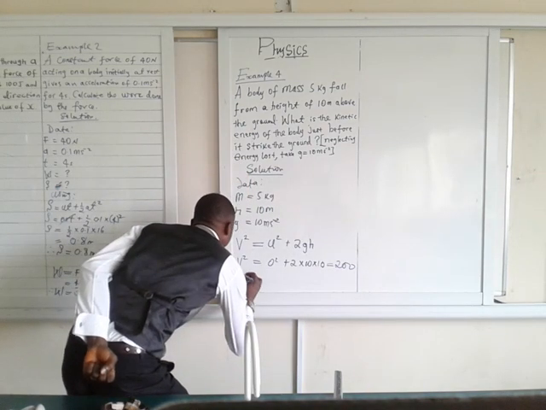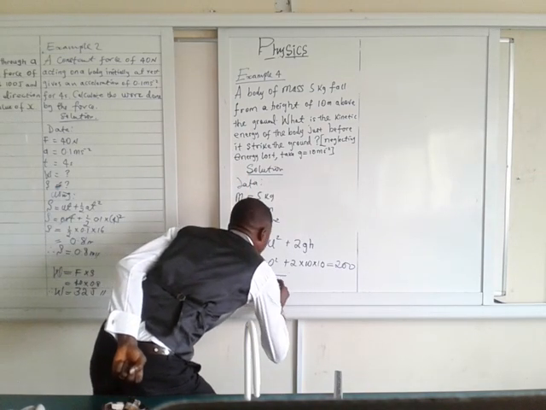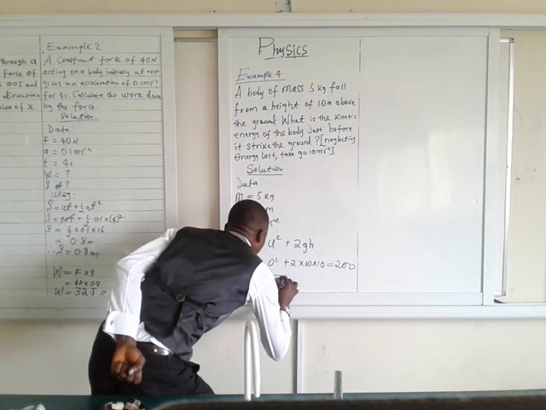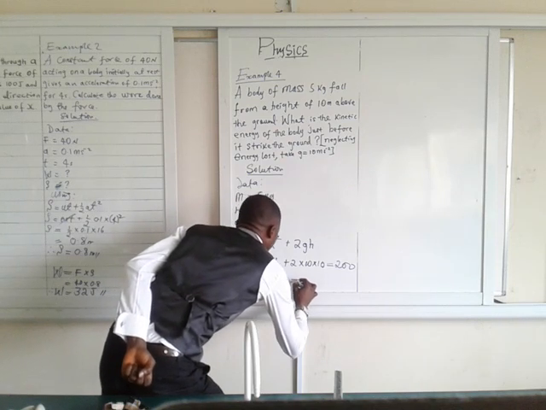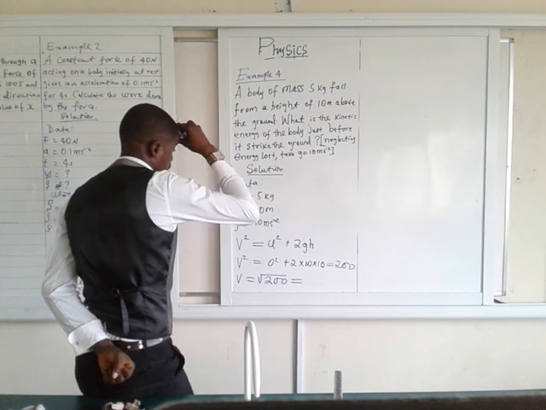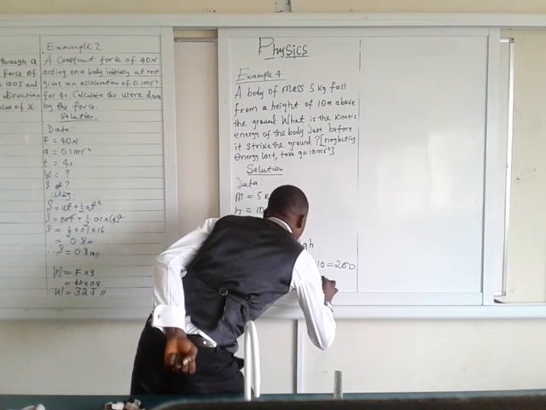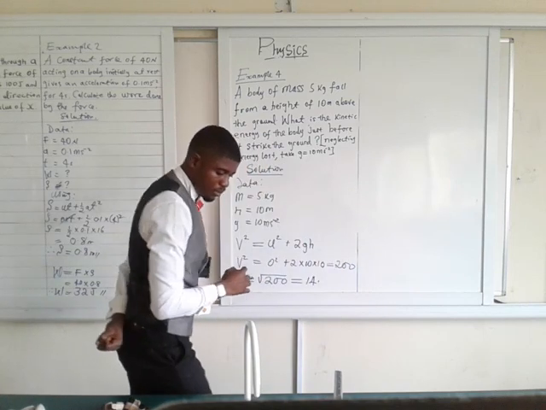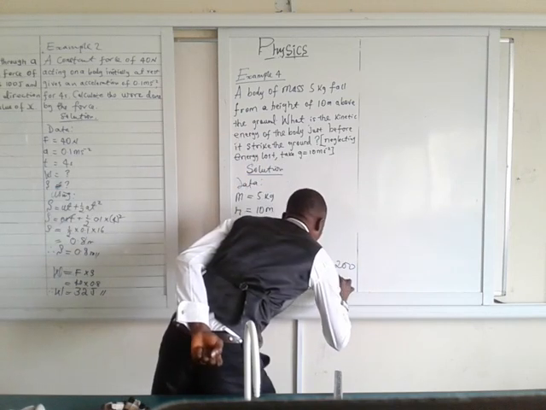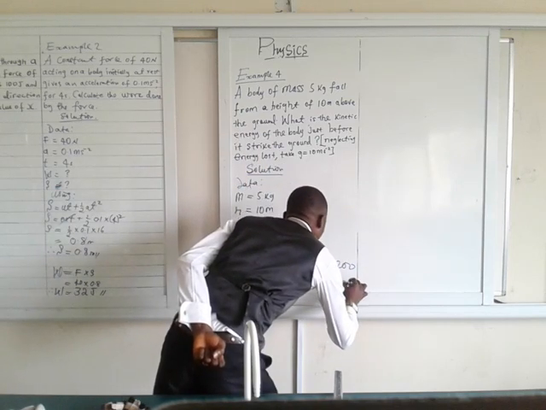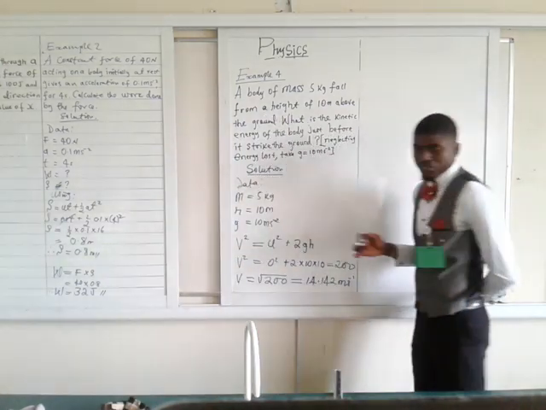So your V is equal to the root of 200. What do you have? You have 14.142 meters per second.